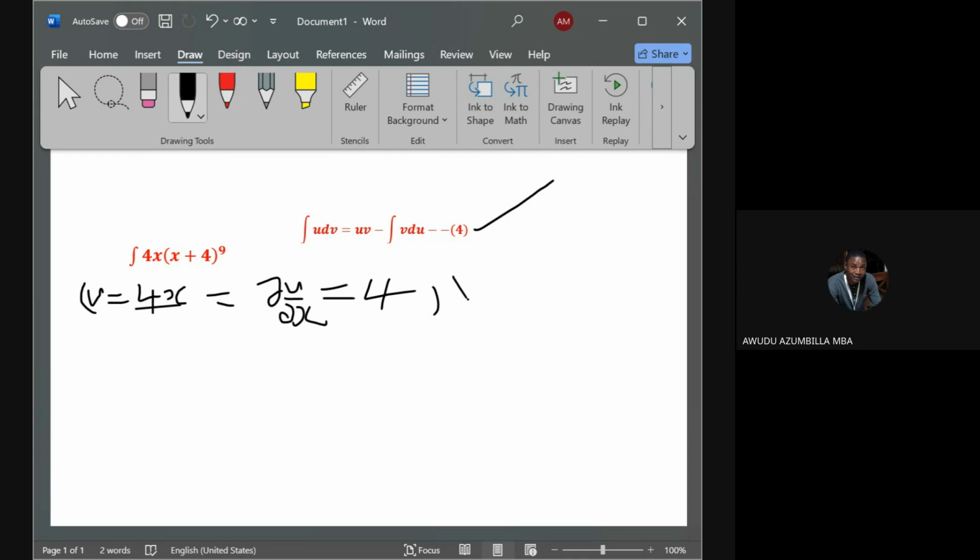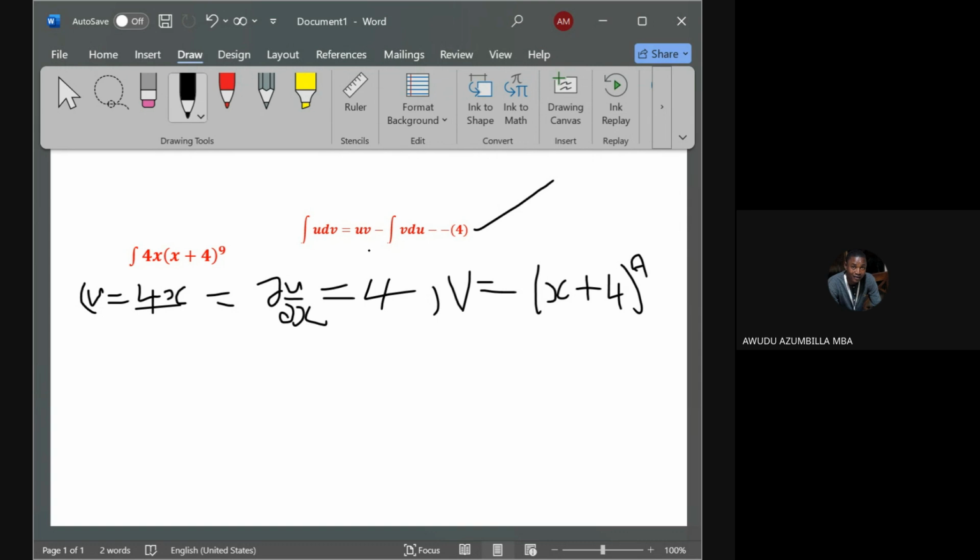Our V is equal to bracket x plus 4, and this one is raised to power 9. Yeah, raised to power 9. That is our V now.